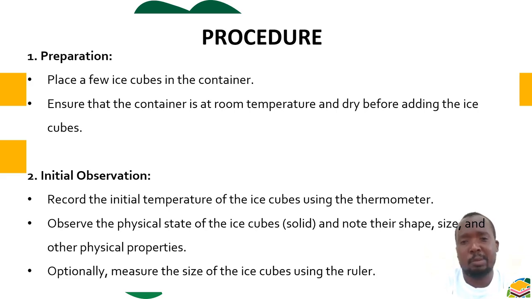So you dip the thermometer in the ice cubes and record the initial temperature. From there, you observe the physical state of the ice cubes and note their shape, size, and other physical properties. Then optionally, measure the size of the ice cubes using the ruler.